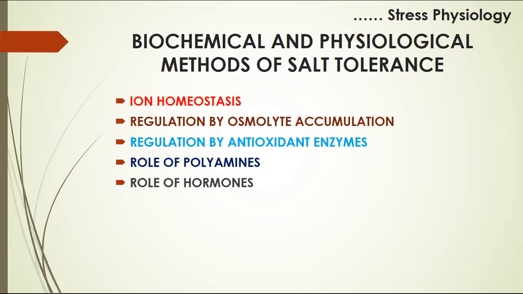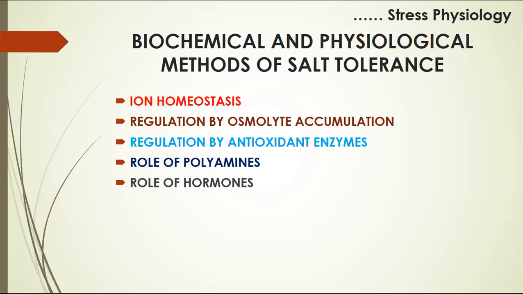So they help in osmoprotection. But apart from that, they also help in scavenging of ROS. And very important, these are carbon derivatives which serve as carbon storage reserves, the way proline serves as an organic nitrogen reserve.